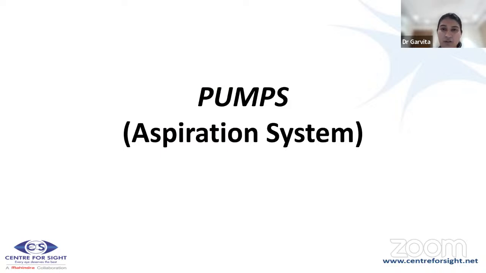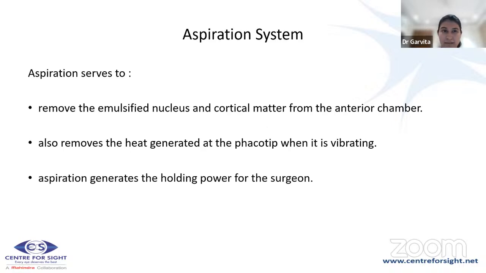Coming to the next part of our machine, which are the pumps, which constitute the aspiration system. Now that we've covered the irrigation and the control via foot pedal, the aspiration system. The role of the system is to remove emulsified nucleus and cortical matter from the anterior chamber.